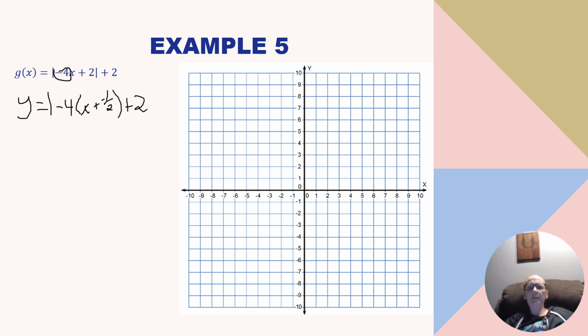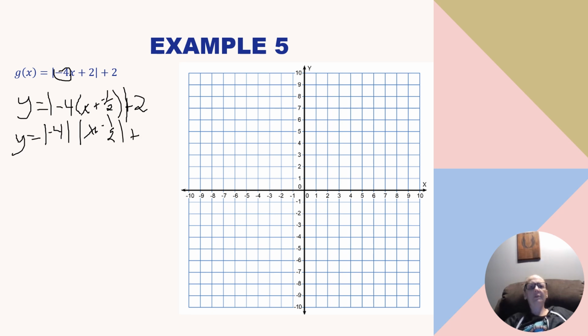All right, so now that you have a multiplier, you can separate the two parts, the -4 and this, into two separate absolute values. So you can go y equals the absolute value of -4 times the absolute value of x plus -1/2, or just -1/2, whichever way you want to write that.